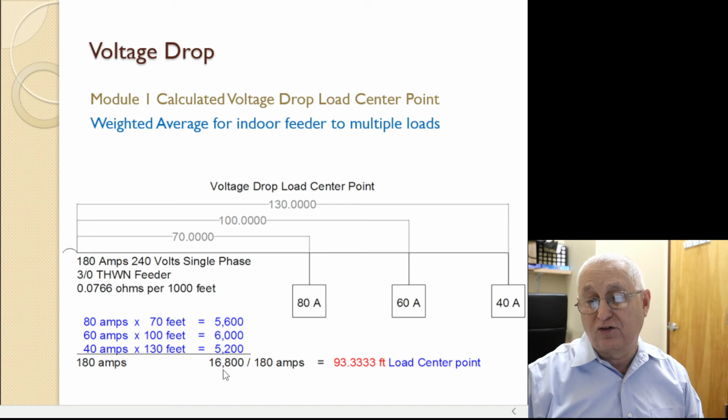Our amp feet is 16,800. This isn't feet, we want to get it into feet, so we're going to divide by the 180 amps. And our load center point is 93.3333 feet. The threes go on forever. We could have said 93.3 with a bar over the 3. It means the same thing.